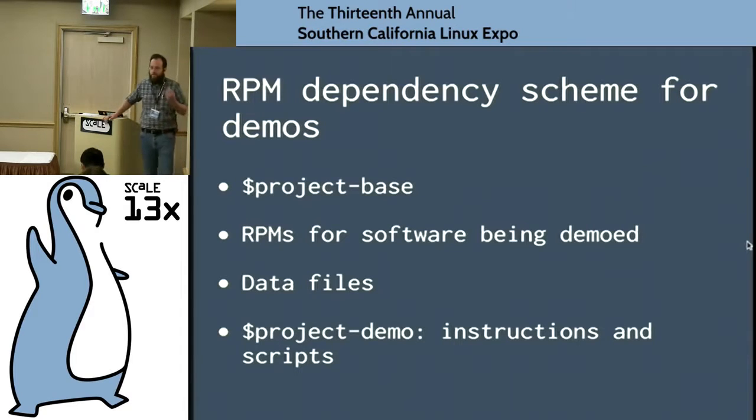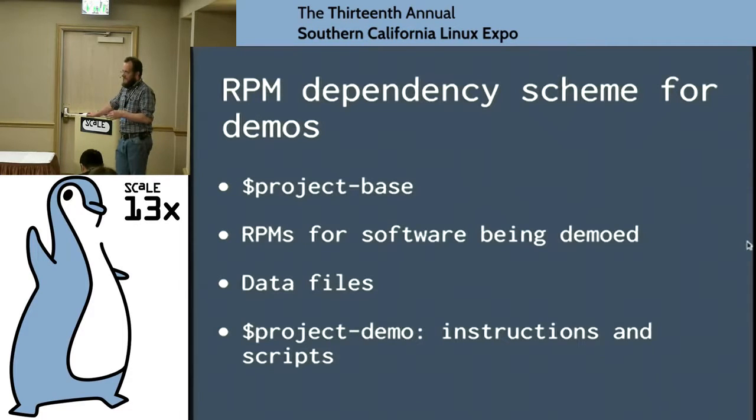Now, you don't want to stick all of your demo stuff into a single RPM. The way to make it work is to have a tree of dependencies of RPMs for demos. And you start with one that's just whatever your project is, -base.